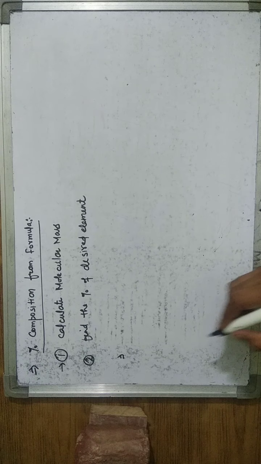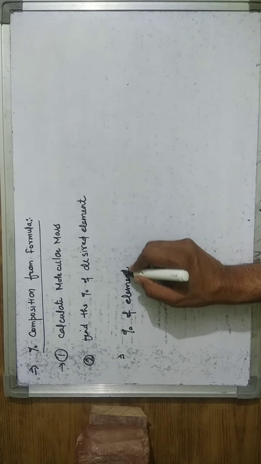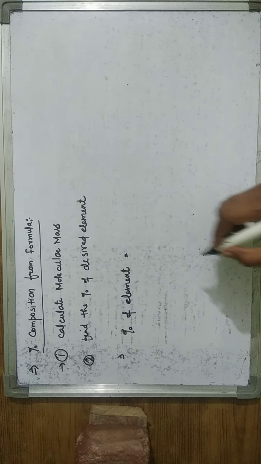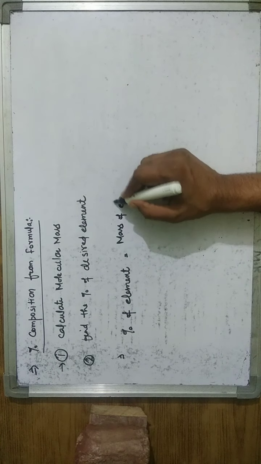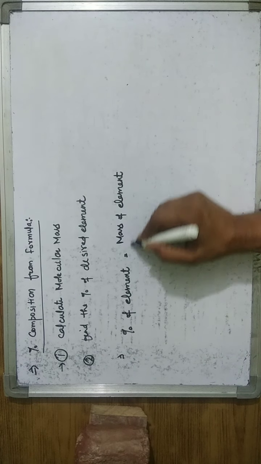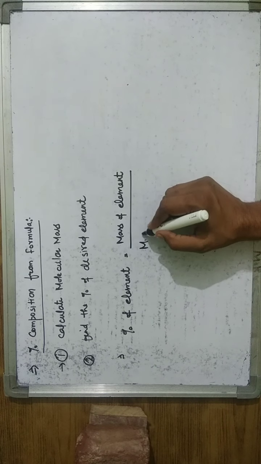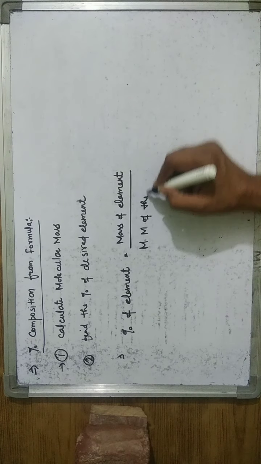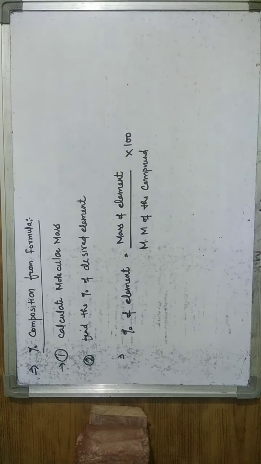The percentage of the element is equal to the mass of the element divided by the molecular mass of the compound, multiplied with 100. This is the mathematical formula to calculate the percentage composition from the formula.